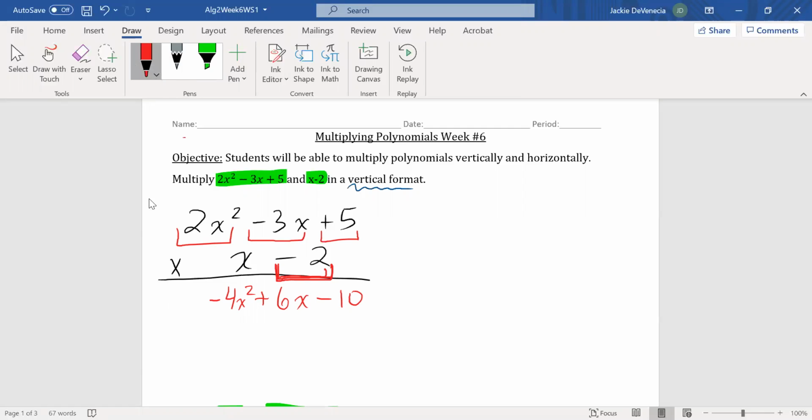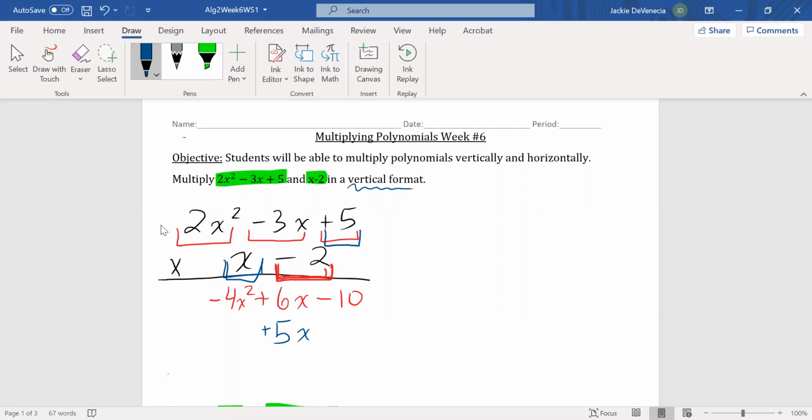The x right over here, just like when we're multiplying manually, we're going to skip a space under -10 and we're going to move on to under +6x. So you're going to do x times +5, which is +5x.